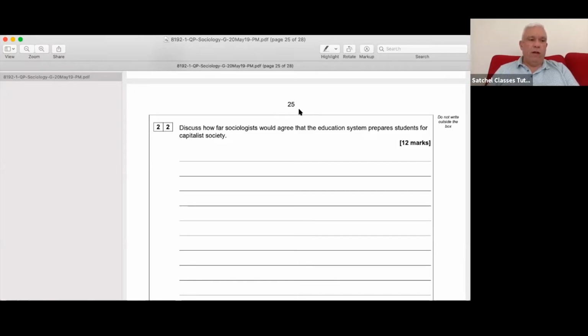So you might also look at how some better off students tend to do better at school, which doesn't really prepare some people for capitalist society that well, or doesn't prepare people who are low ability.